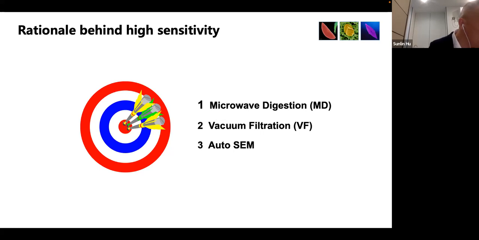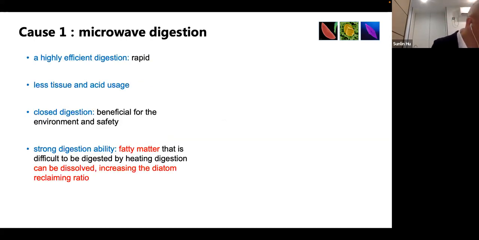The rationale behind high sensitivity is the combination of new techniques for the test. Firstly, microwave digestion. It's a highly efficient digestion technique with less use of samples and efforts.